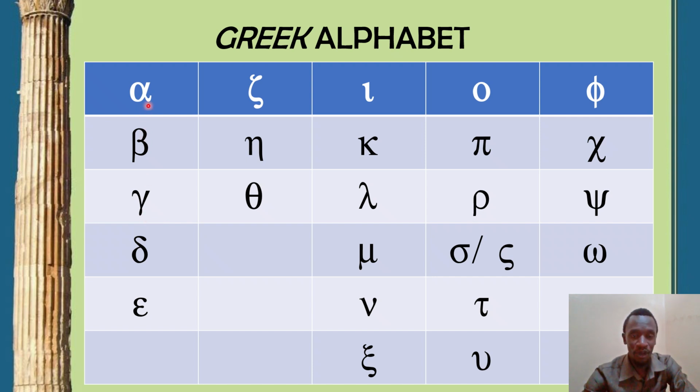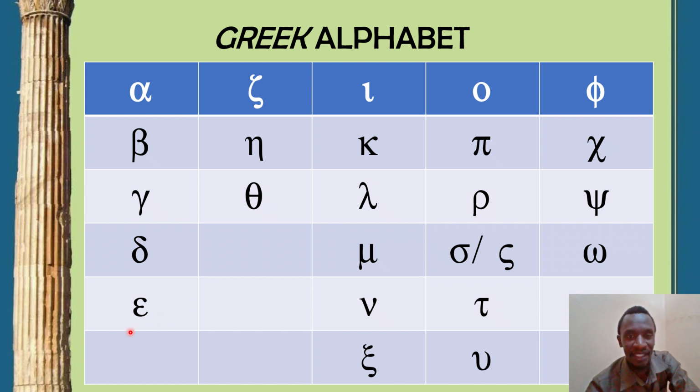But if you look at alpha, beta, delta, and epsilon, you will notice that they look like English letters, A, B, then C, you don't have it, so you have gamma, then D, then E, so you can relate it to that.